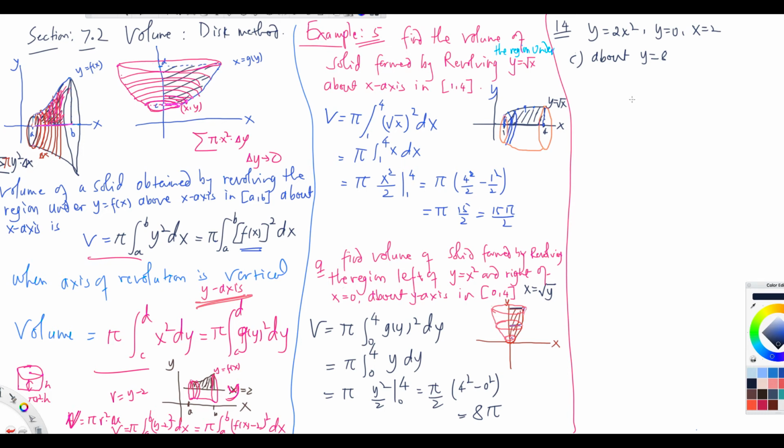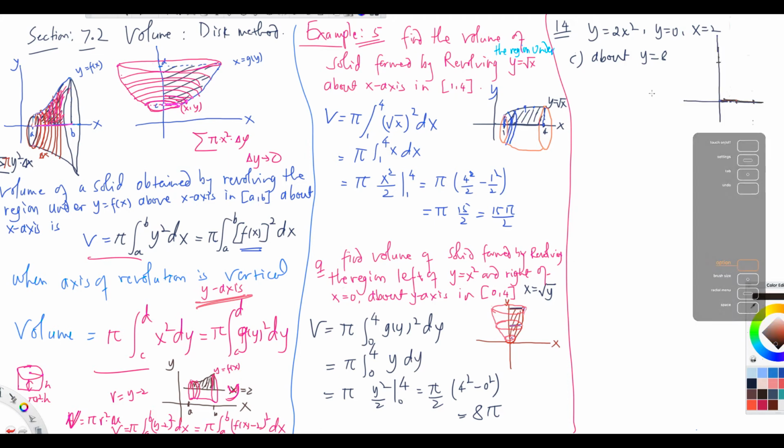Okay guys, so first of all I want to draw the picture for this. How would the picture look? Let us first draw the graph of the region given by the question. Then we will draw the line y equals 8, which is the horizontal line.